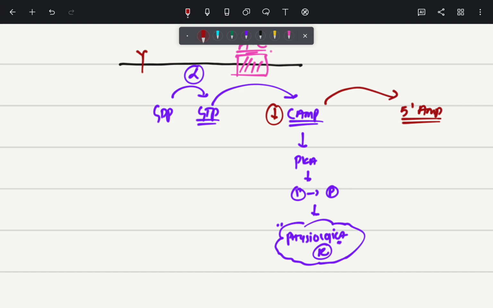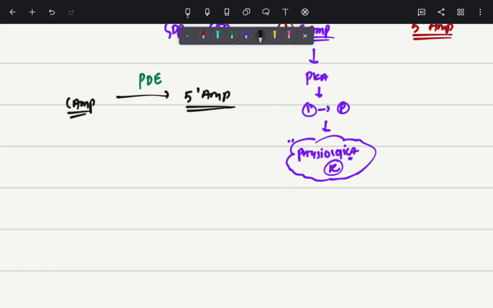So the enzyme which is converting this cyclic AMP into 5' AMP is your phosphodiesterase. Okay, so phosphodiesterase is an enzyme which converts cyclic AMP and inactivates the cyclic AMP into 5' AMP.